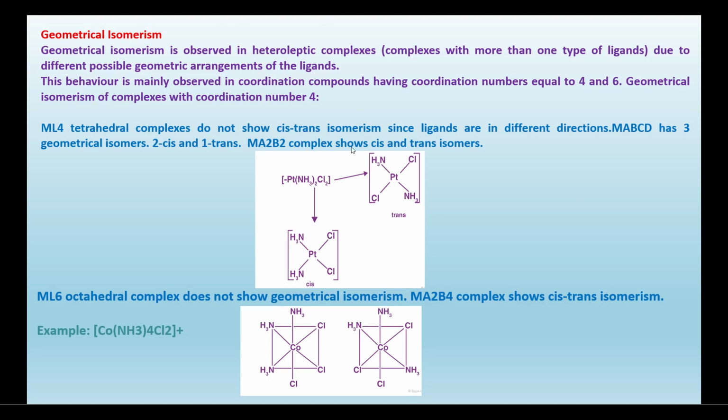This is the tetrahedral structure and square planar structure, observed in ML4, metal with coordination number 4. And ML6 has coordination number 6, where the central metal ion is bound with 6 ligands, meaning 6 donor atoms.